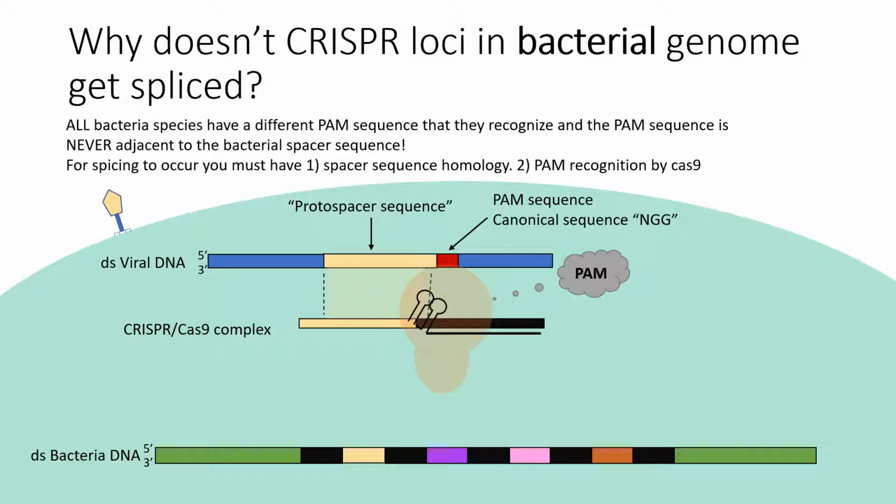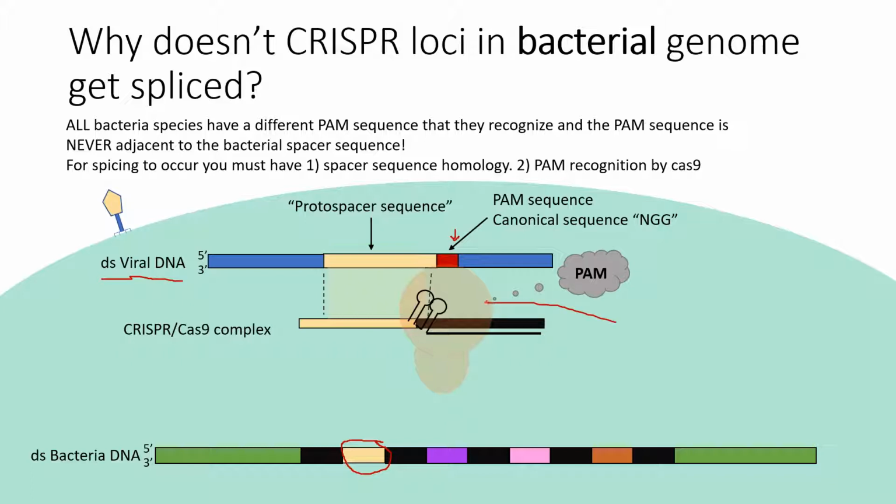A question you might have is, why doesn't the bacterial genome get cut by this CRISPR system? Because this spacer sequence is technically a viral sequence. It's the exact match of a viral sequence. So there has to be something different. If we look at the viral DNA, that protospacer, which we used, has a PAM sequence flanking it. A PAM sequence is typically NGG, but different bacteria recognize different PAM sequences.